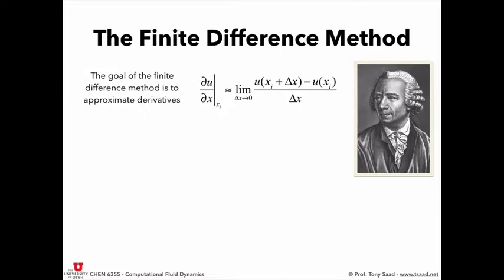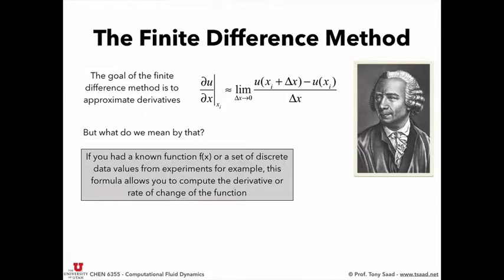Essentially taking the limit of, if you have a function and you're walking on it, if you move 1 unit in the x direction, so that's your run, how much are you rising? So the definition of the derivative is rise over run, and in the limit as the run goes to 0, that gives you the formal definition of a derivative. But discretely, this is one of the earliest definitions of a derivative.